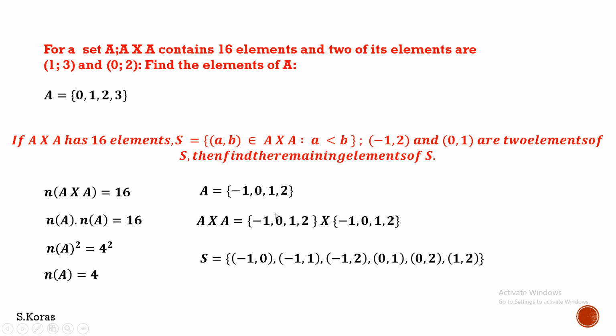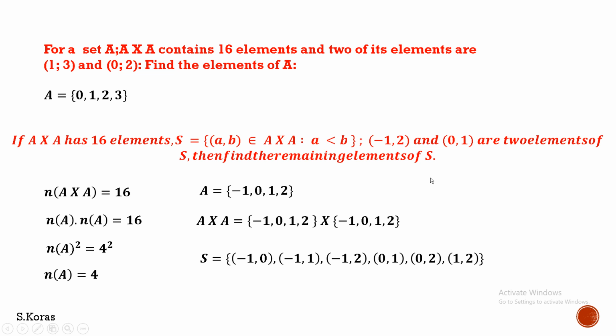That is minus 1 with bigger number 0, minus 1 with 1, minus 1 with 2. Then if I choose 0, the greater numbers are 1 and 2. If I choose 1, the greater number is only 2. If I choose 2, nothing is greater than 2 here. So these are all the elements of S.